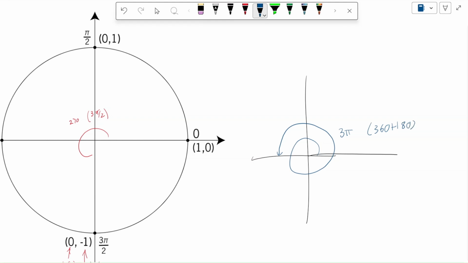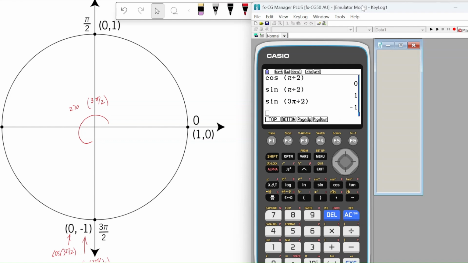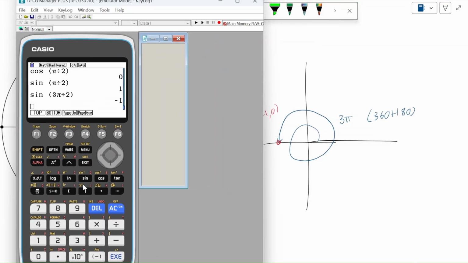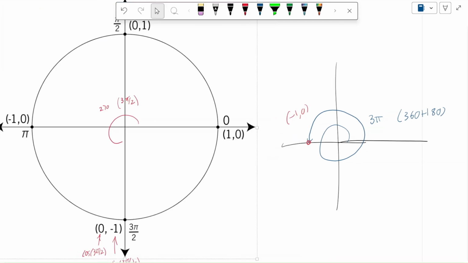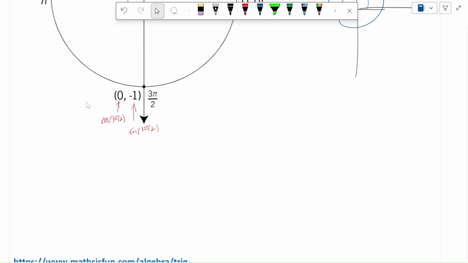I would still expect that point there to be minus 1 and 0. So if I do something like cos of 3 pi, I'm hoping that gives me minus 1. And what do you know? It's minus 1. And if I do sine of 3 pi, that's 0.